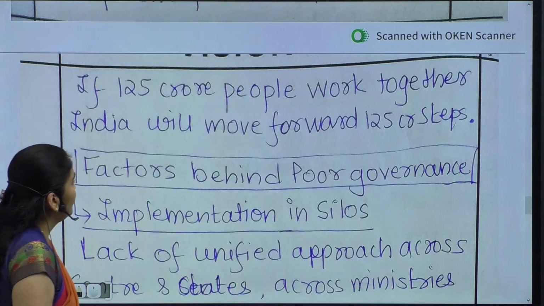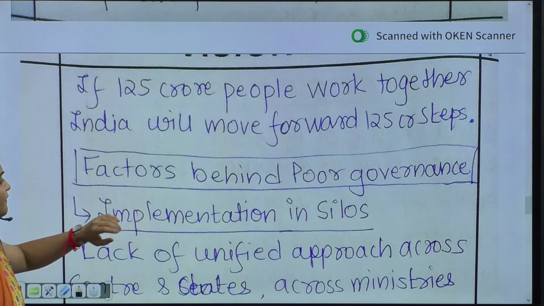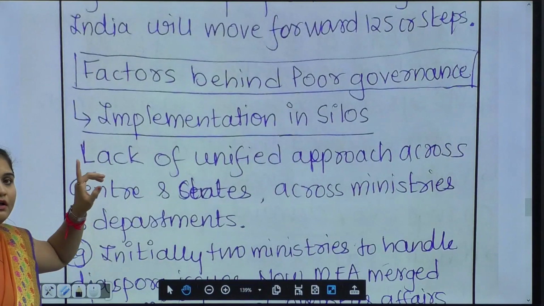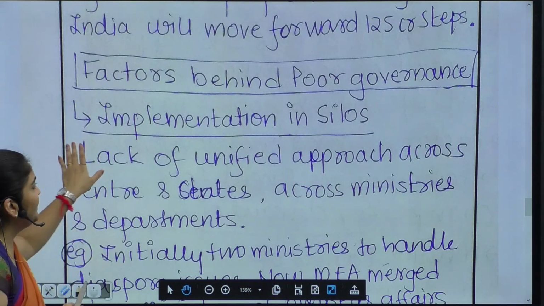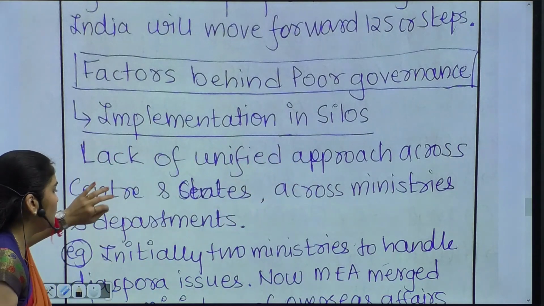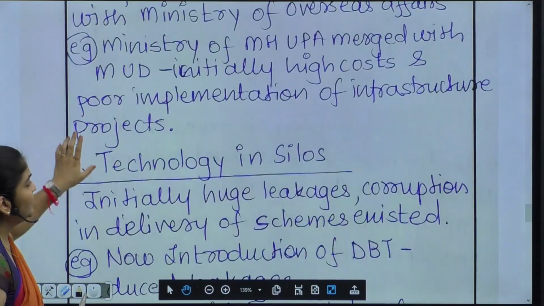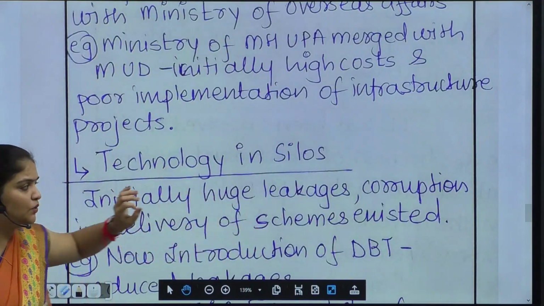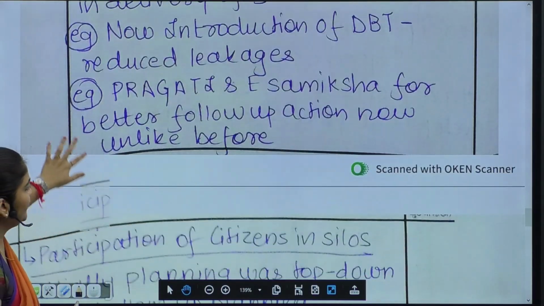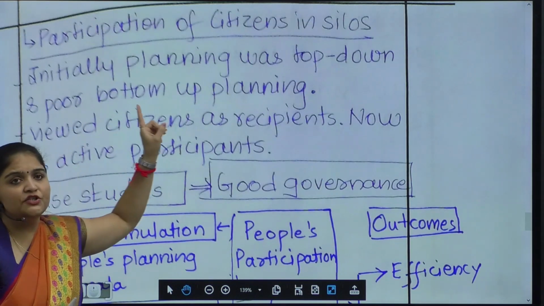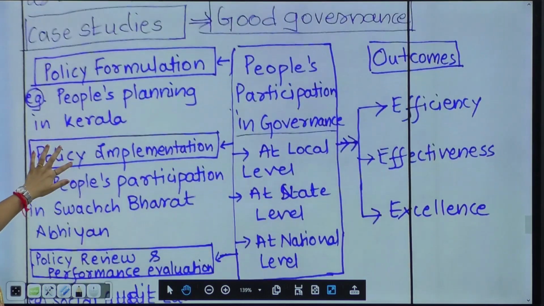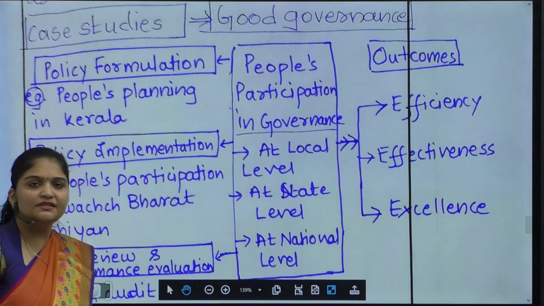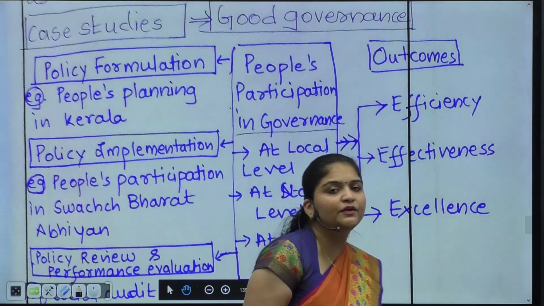Factors behind poor governance: now we will talk of the silos approach. Implementation happens in silos, technology is in silos, participation of citizens is in silos. And then we show how, if this changes, all governance will be good.